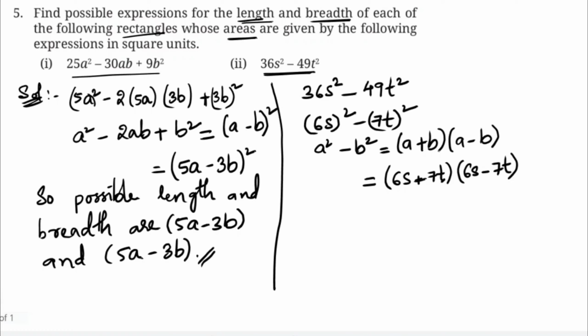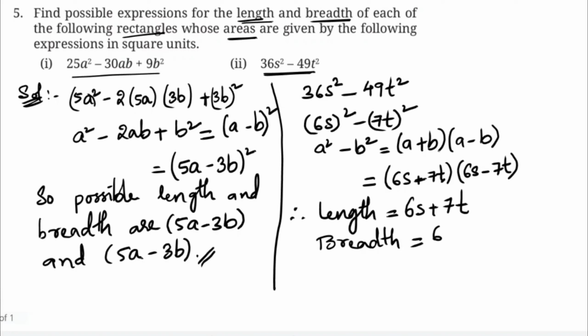So these are the length and breadth. Therefore, length is equal to 6s plus 7t and breadth is equal to 6s minus 7t.